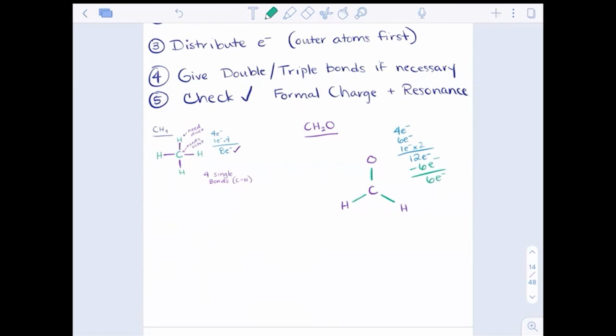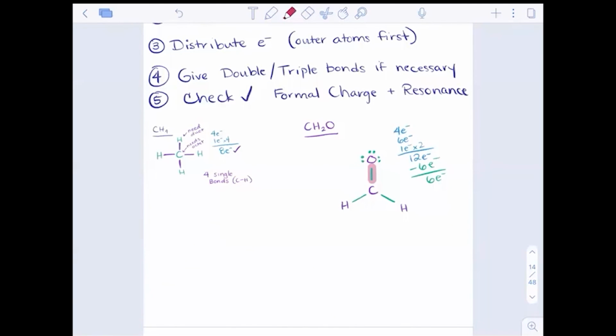Both hydrogens have their duet. Now let's focus on oxygen. 2 electrons can be put in as a lone pair. It's to fill the oxygen's octet. 2 more, 2 more. Now that oxygen, let's count up the electrons it has around it. 2, 4, 6, 8.